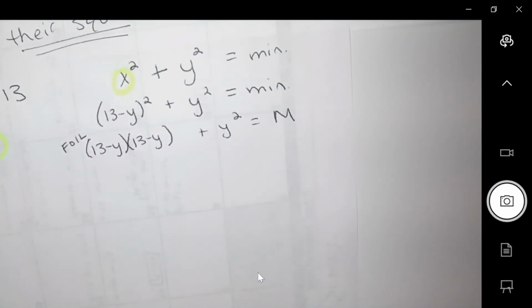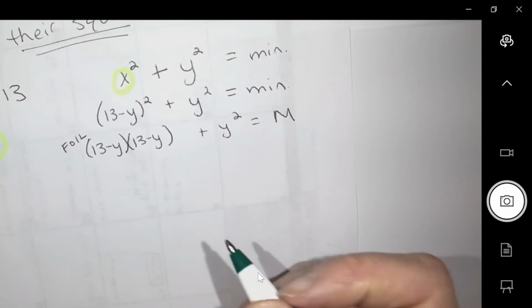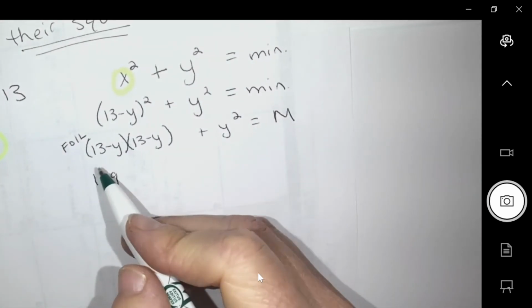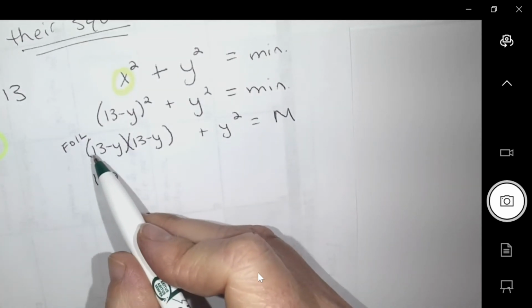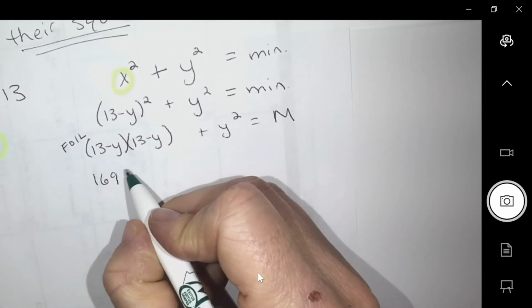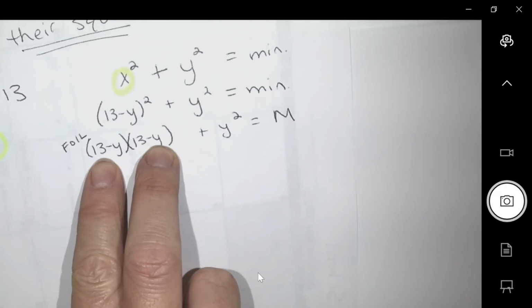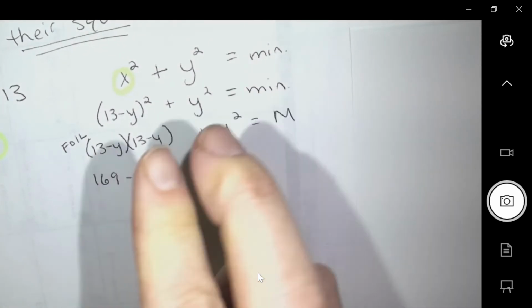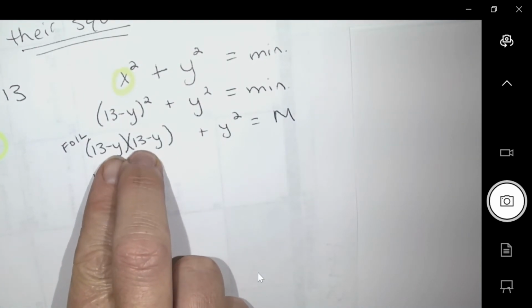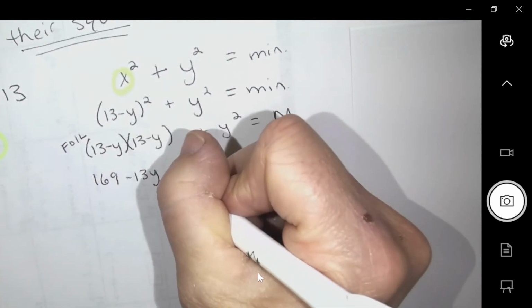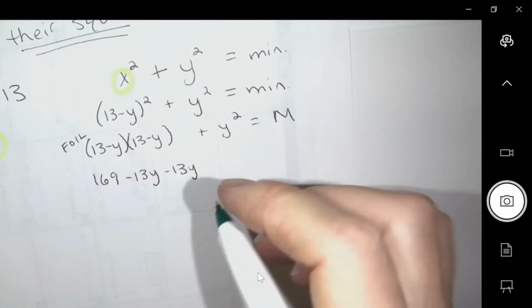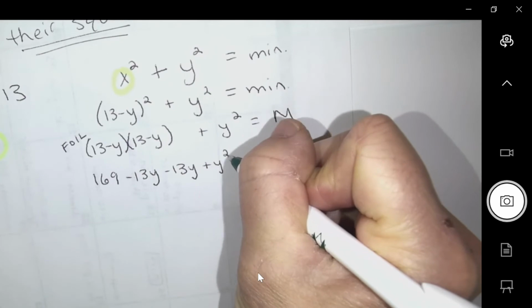Okay, 13 times 13, anybody know that one? 169. First times first. Outside makes negative 13y. Inside, negative 13y. And plus y squared.